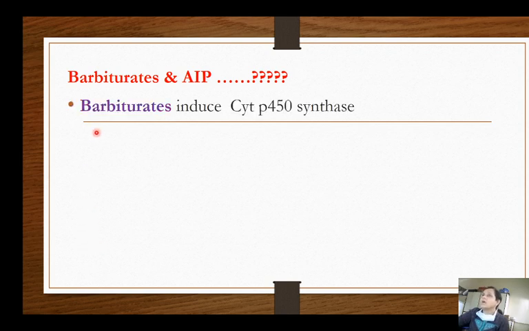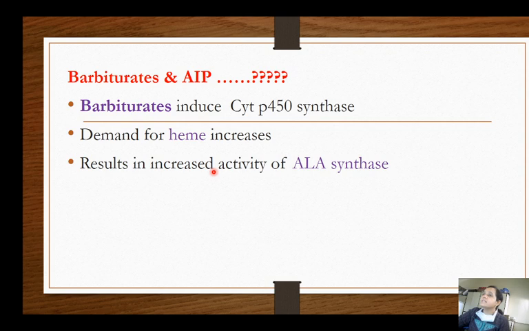As already given in the statement, barbiturates induce cytochrome P450. So, what is the prosthetic group of cytochrome P450? It is heme. So, the requirement of heme is increased. The demand for the heme is increased, so it results in increased activity of ALA synthase.